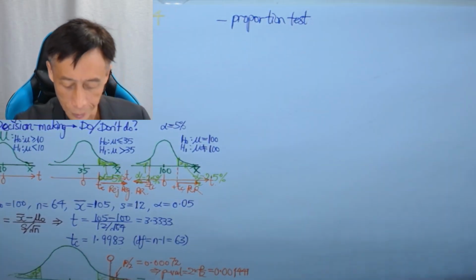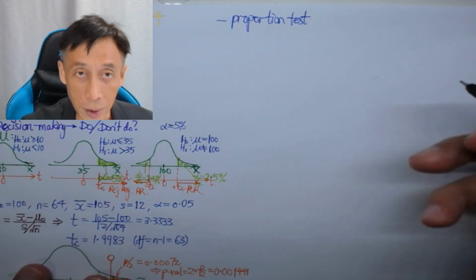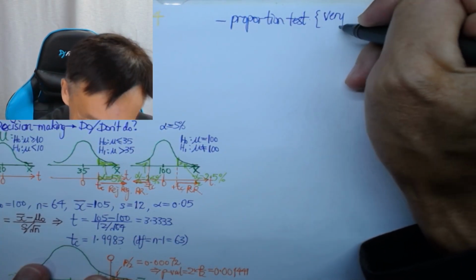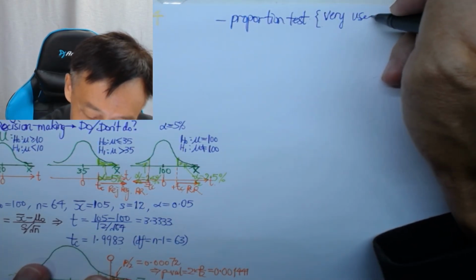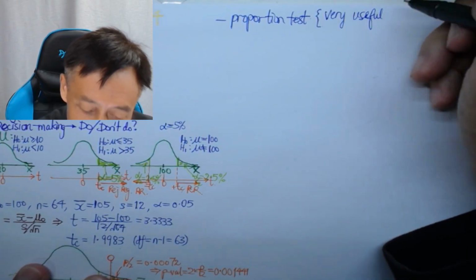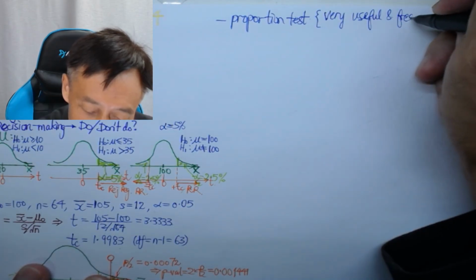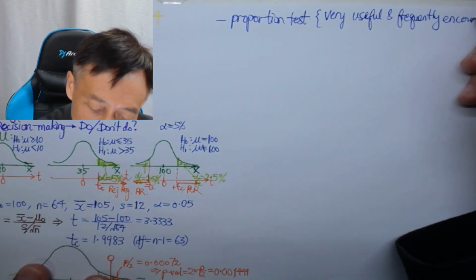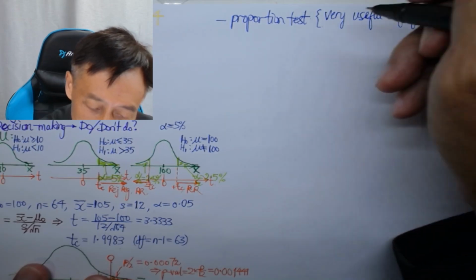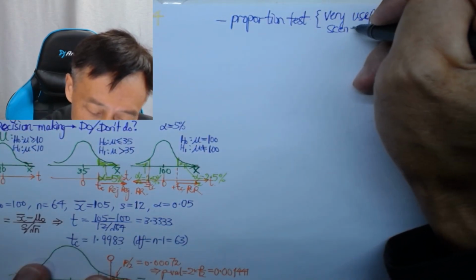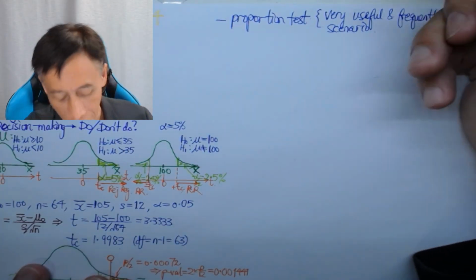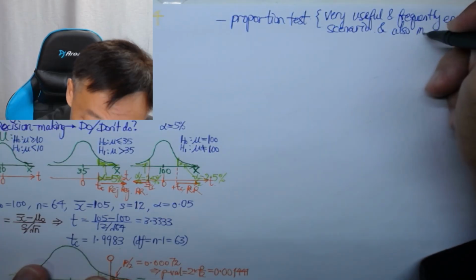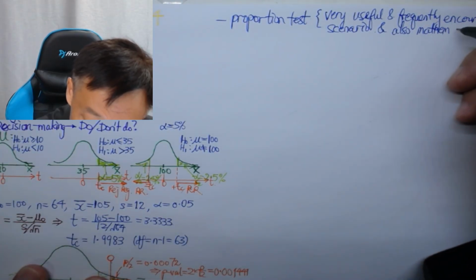Because it is a very useful test, and frequently encountered in situations. All right, and that's why it's useful. And also mathematically a little bit less obvious and tricky.